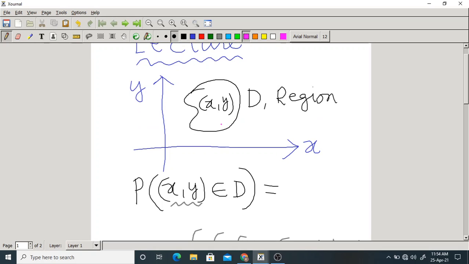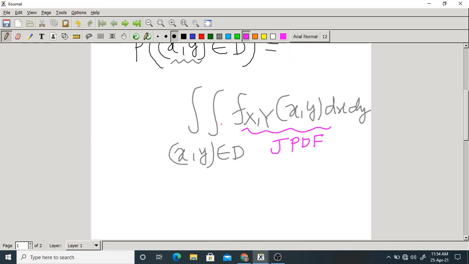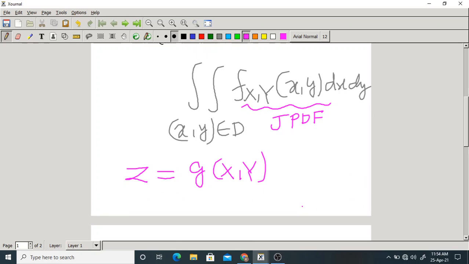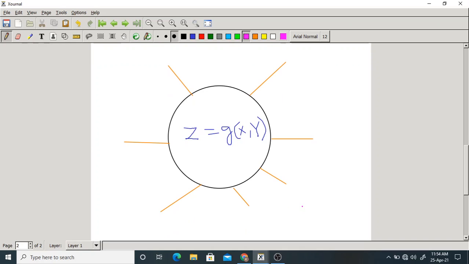Just now I told you that z is a function of two random variables. Let us see what will happen. Here we deal with some classic problems, like z can be x plus y, it can be x minus y, or it can be x by y.